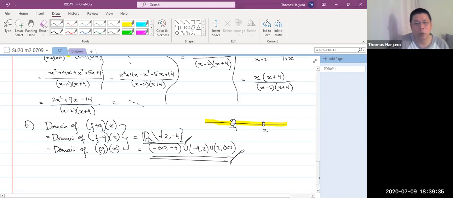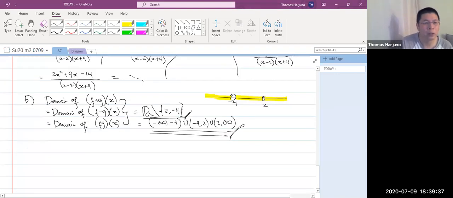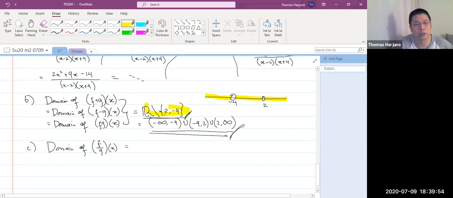Now, what happens with the domain of the quotient? The domain of the quotient is the same as the domain of the product, sum, or difference. It will be the same as these, but with an extra requirement.